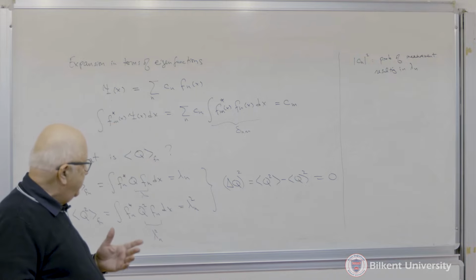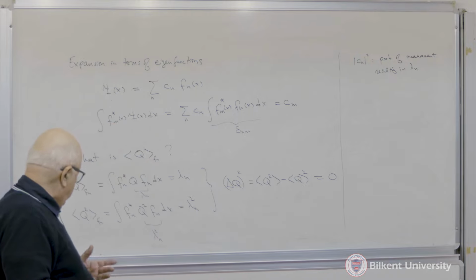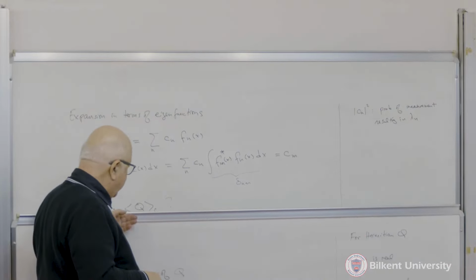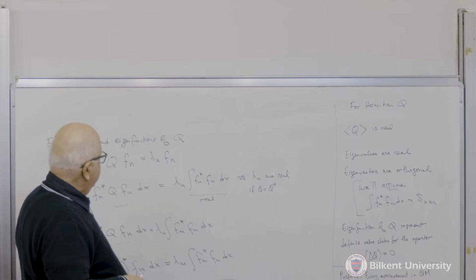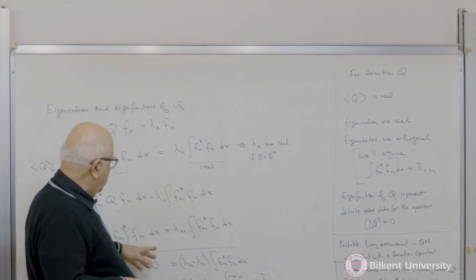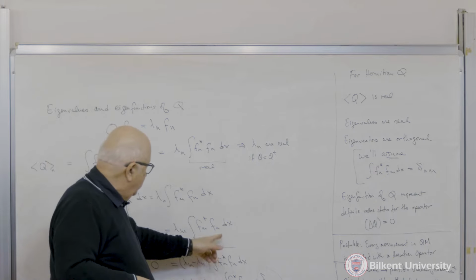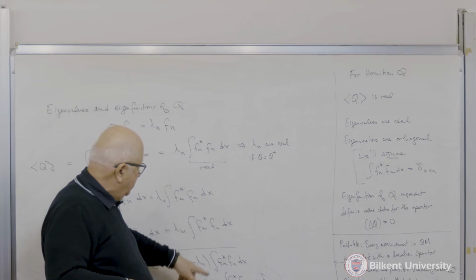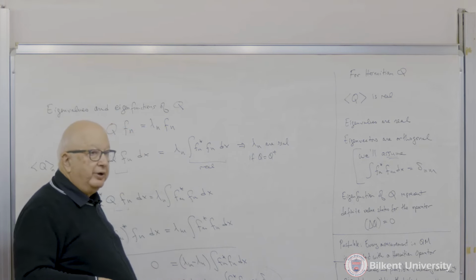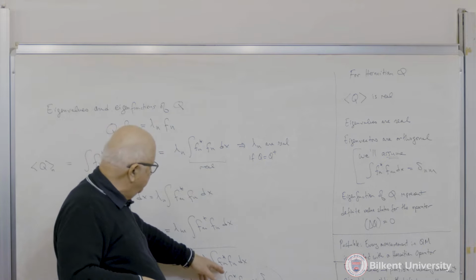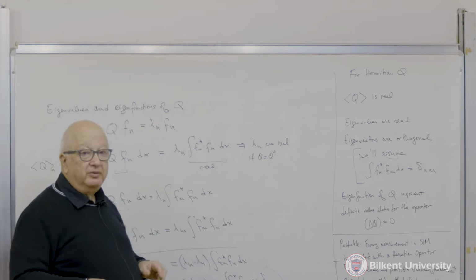Now, in that case, we have to be somewhat careful because here I proved for you certain relations. I, for example, said this thing has to be real, or that this object has to be delta nm for different values of the eigenvalue. In all of these discussions, we assumed that these integrals existed.